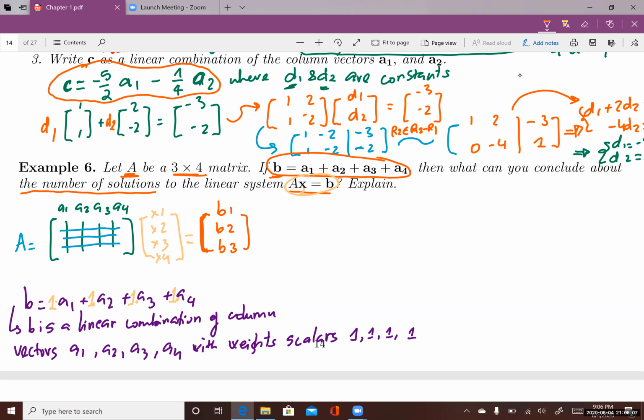Well, from this information, B is a linear combination of A1, A2, A3, and A4.